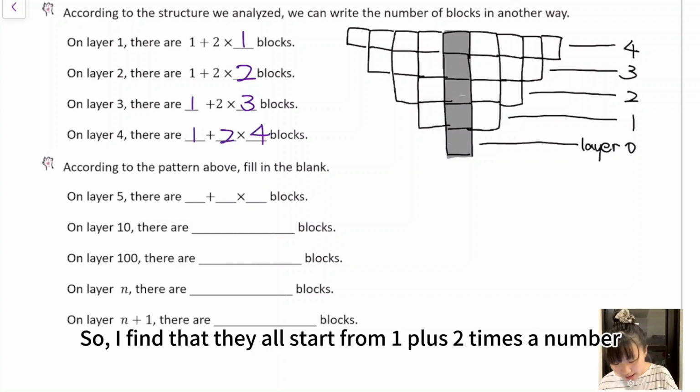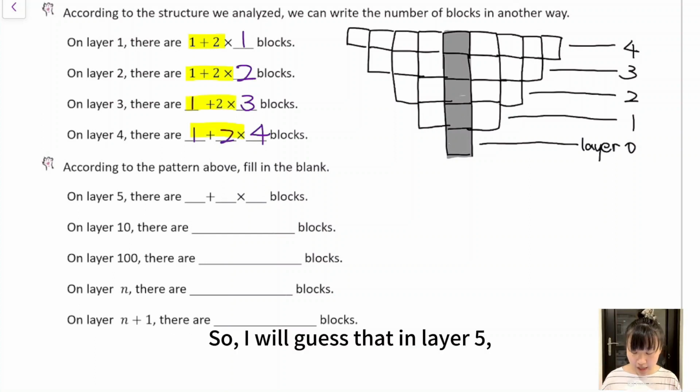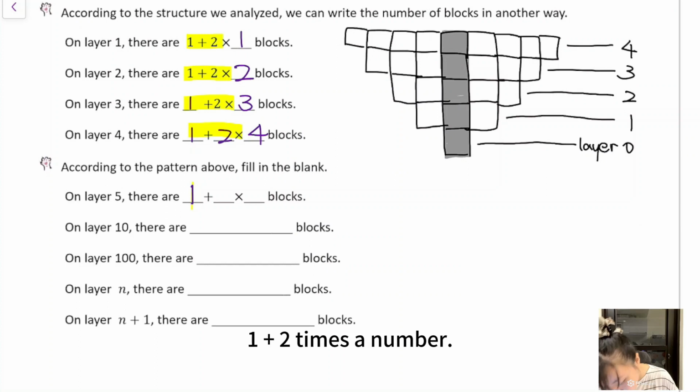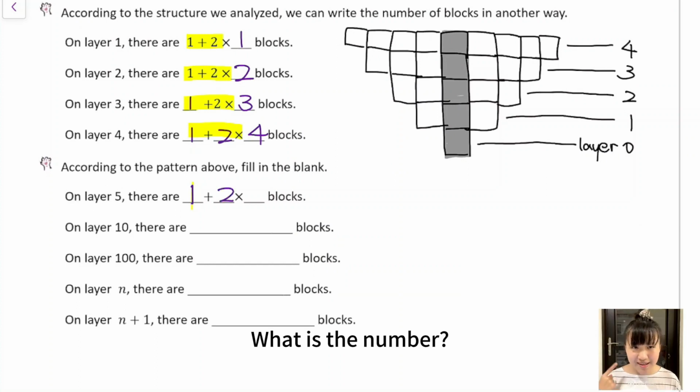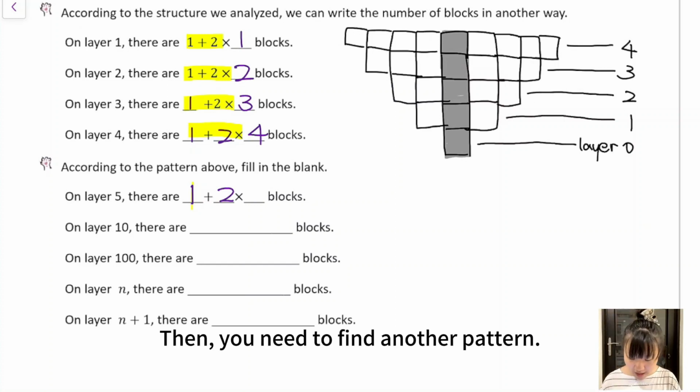So I find that they all start from 1 plus 2 times a number. So I will guess that in layer 5, 1 plus 2 times a number. What is the number? Then you need to find another pattern.